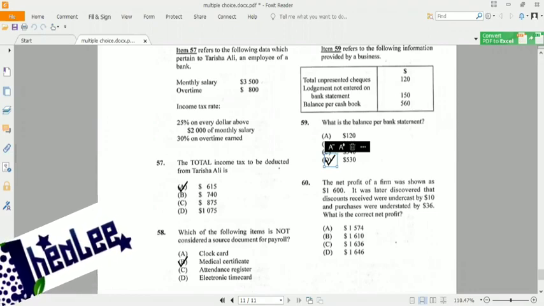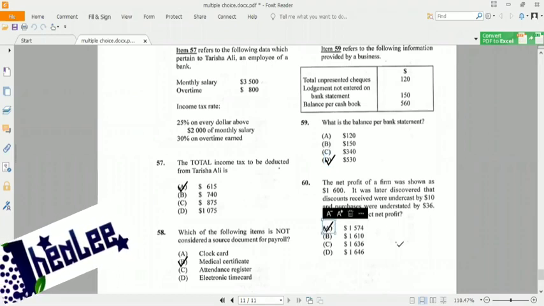So if we're correcting the profit, we need to minus to get the correct figure. That is 1,600. We're going to add that 10 and minus the 36, and that will give us 1,574. All right. So that's it.